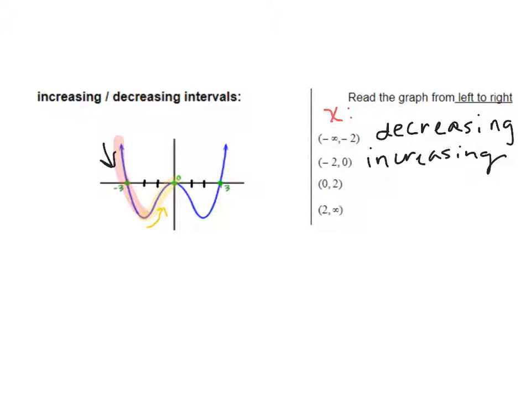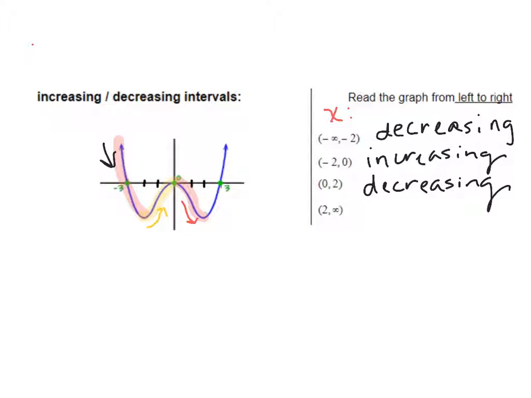All right, now let's go from x equals 0 to x equals 2. That's this area. So let me highlight that. And if we read it from left to right, we notice that the function is going down or it's decreasing. So this interval would be a decreasing interval.